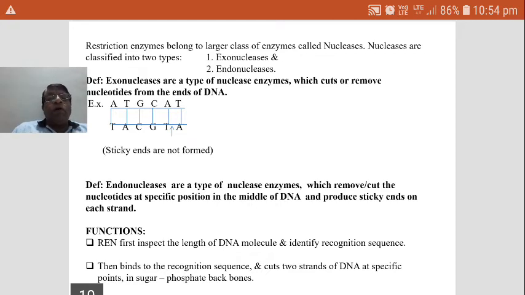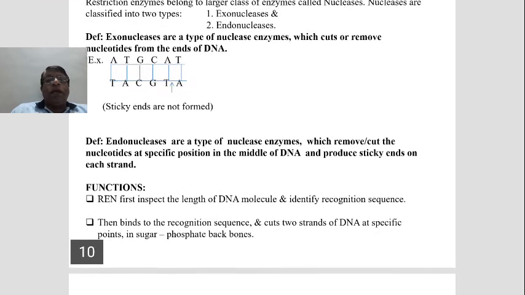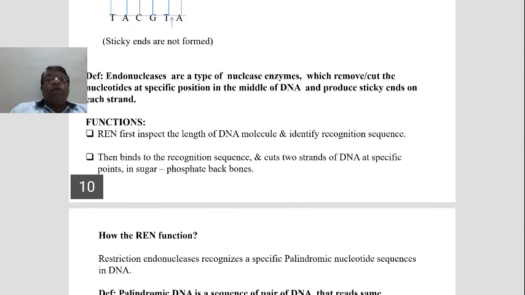Function. How do endonucleases function? Let us see. Restriction endonuclease first inspects the length of the DNA molecule and identifies a recognition sequence on DNA.